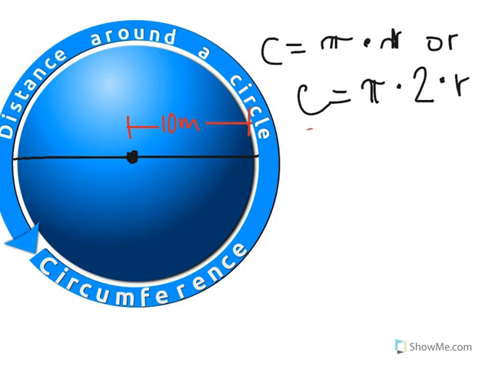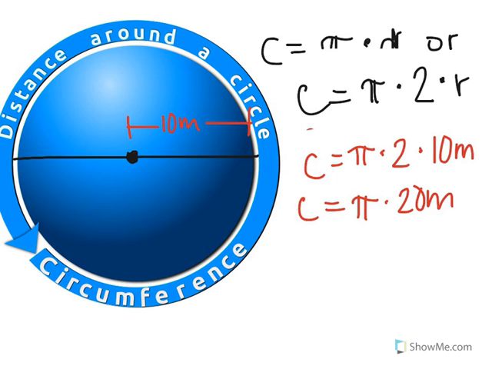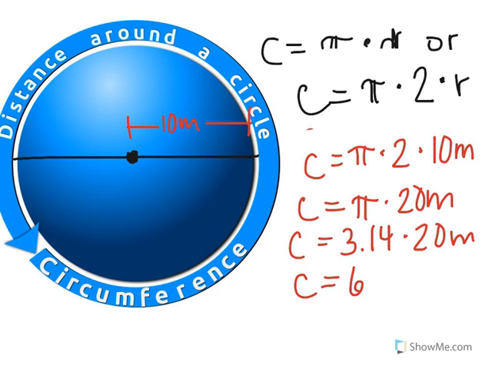But in this case, we would say the circumference is equal to pi times 2 times 10 meters, or pi times 20 meters. And again, pi is 3.14. And the circumference here would equal 62.8 meters.